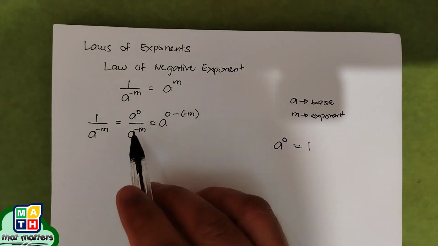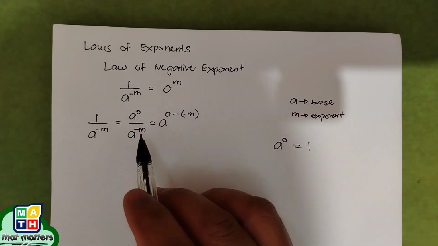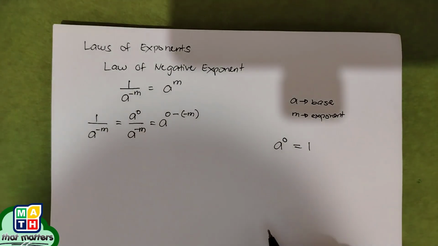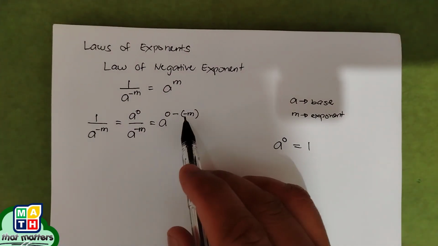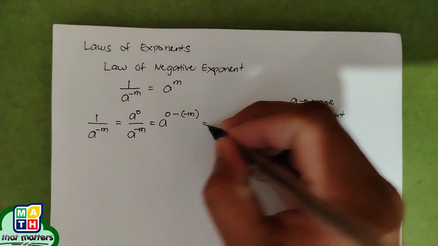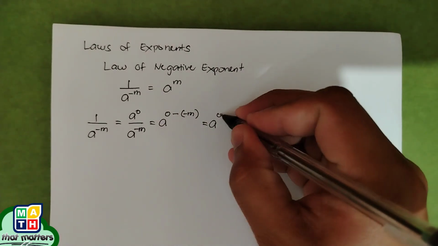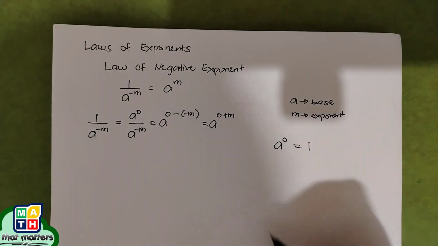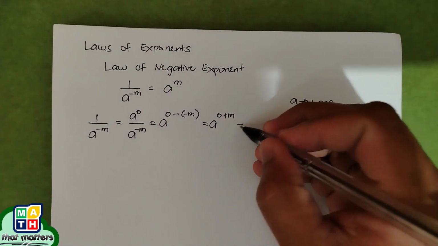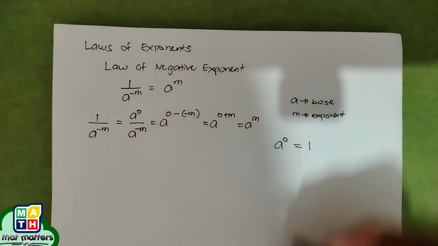Take note of this, minus negative, because this is already the exponent of our denominator. Using the double negative property here, you will have an expression of a to the power of 0 plus m. And since it's just 0, this is just equal to a to the power of m.